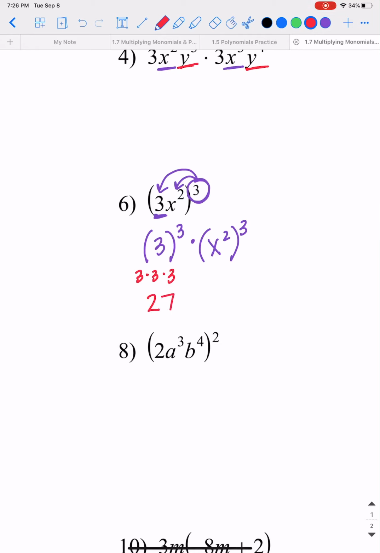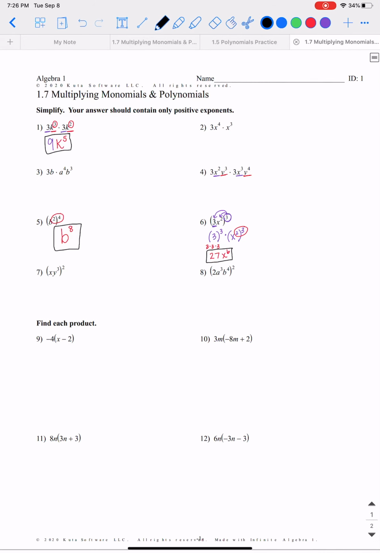And then x squared raised to the 3rd power, this is where we would multiply those exponents, and we would get x raised to the 6th power. And that would be your final answer on this problem. You would do the same thing for numbers 7 and 8. Be sure you're distributing that exponent outside of the parentheses to each little piece inside the parentheses.